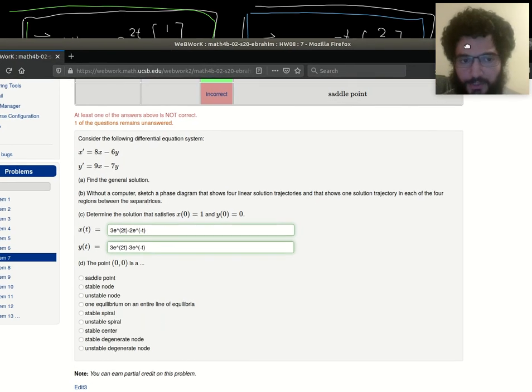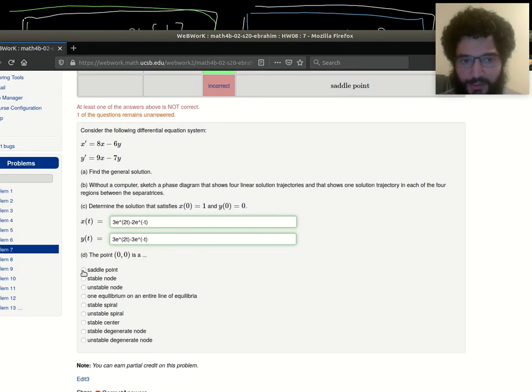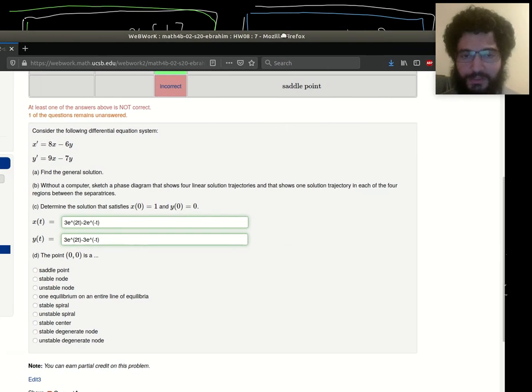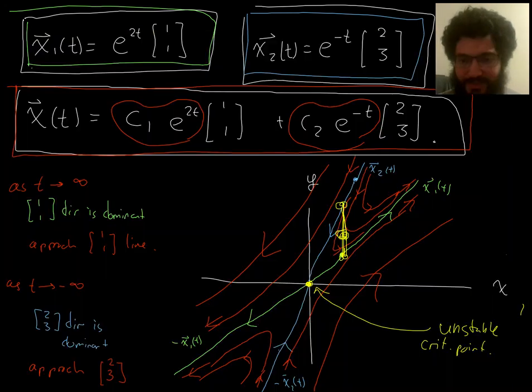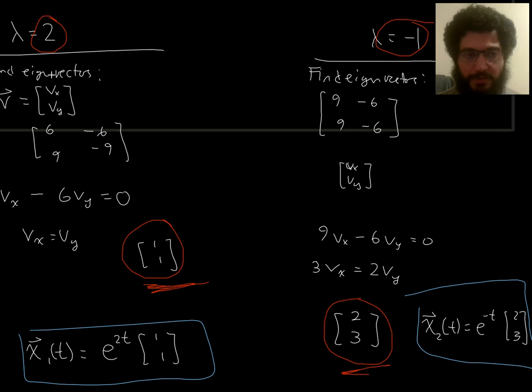In this mixed situation, you would say this is a saddle point. So I guess I'm giving you the answer to one problem: this one is a saddle point. And the way to know that this is what you end up with, before you draw any pictures, so this is the typical picture of a saddle point, but before you draw any pictures, you know it's going to be a saddle point just from the eigenvalues, that one eigenvalue is positive and the other is negative.